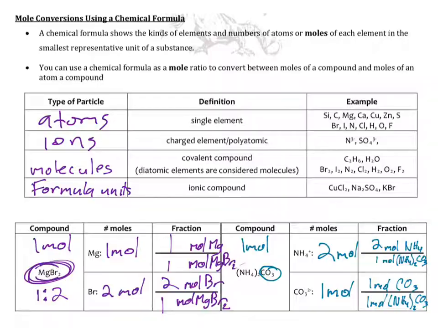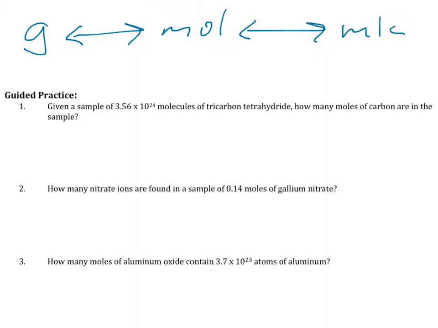So let's go through a couple practice problems here. Something that I really want to highlight is that before we would have grams, moles, and then atoms. Now we're dealing with not atoms but molecules. If a problem gives you atoms, it doesn't give you a molecule. For example, this is giving us a molecule.